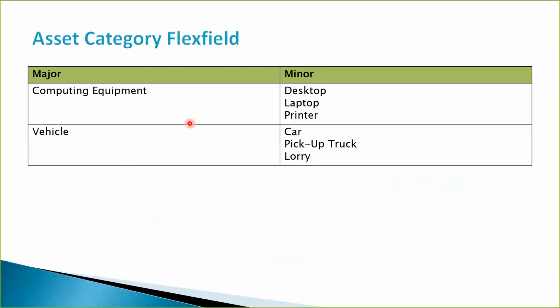So when we want to enter a new desktop in the system that we have purchased, we have to make sure that that category, which is going to be hardware, then desktop, is a valid category that we've created and is also associated with our corporate book. All right.